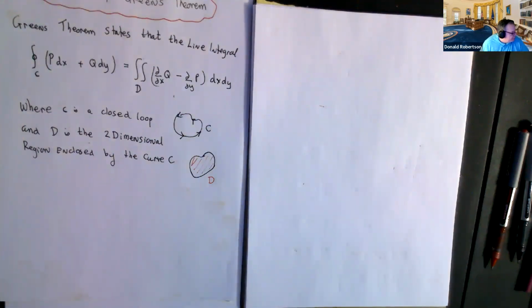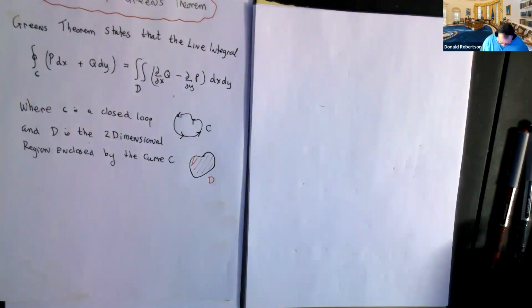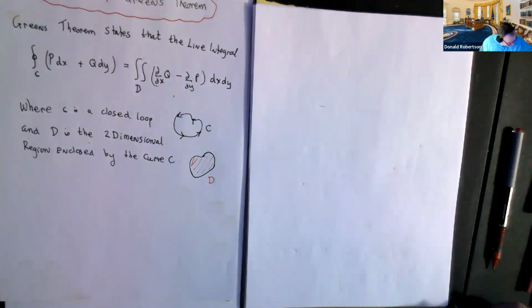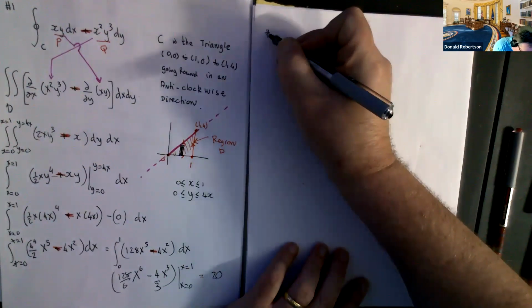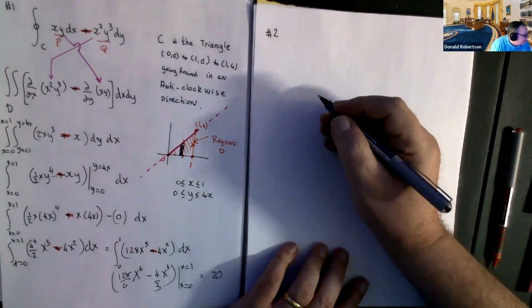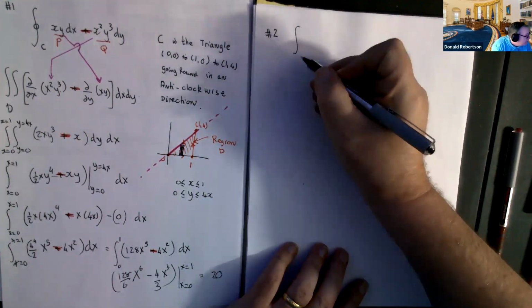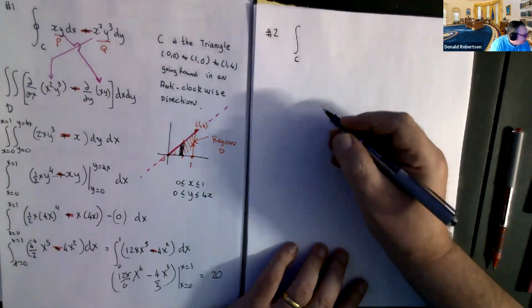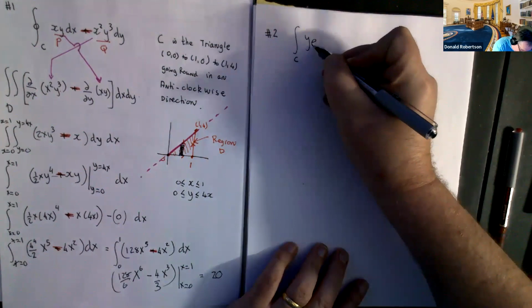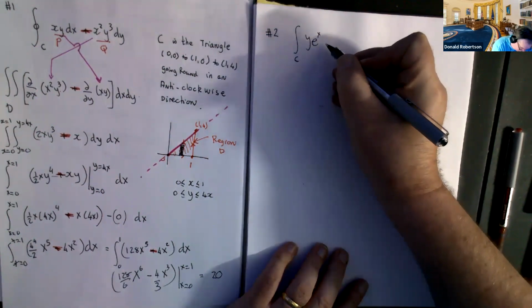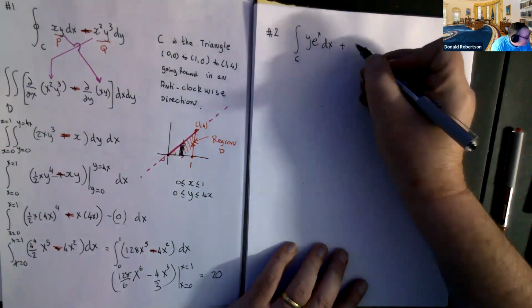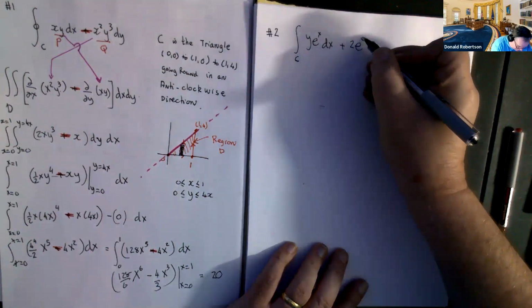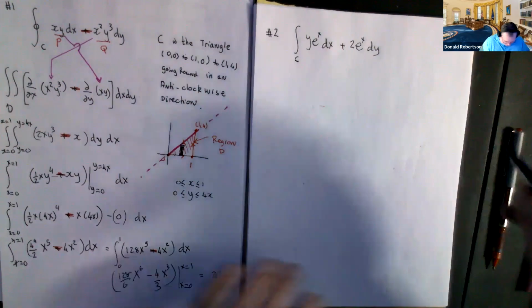A lot of the questions that we're going to be doing is basically going to be going through this process. Right. So I'm going to start but not finish question 2. So question 2 has got this guy, and it's y e to the x dx plus 2e to the x dy.